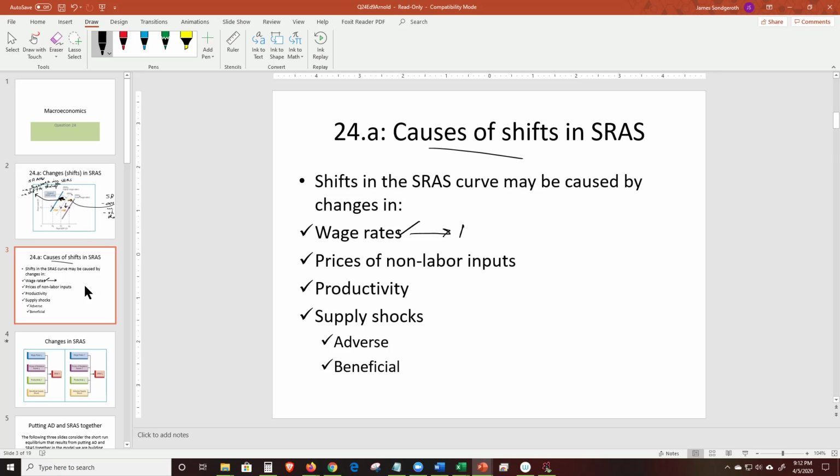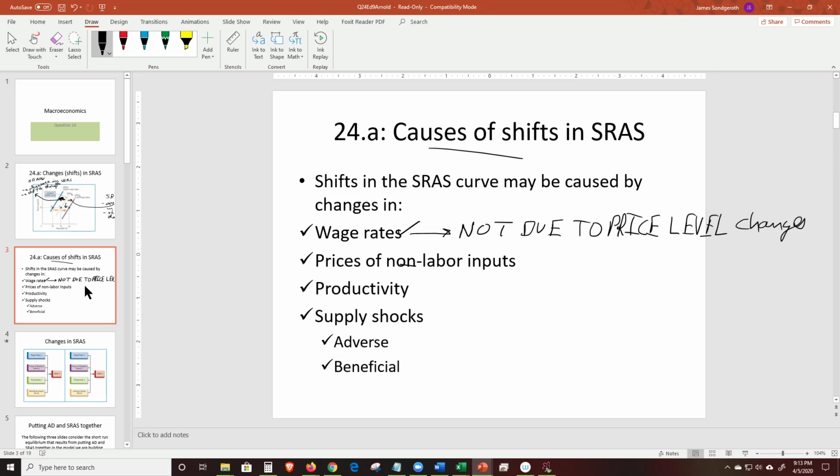This is not due to price level changes. So these are changes in wage rates that are not due to price level changes. They have maybe a basis in reality or labor unions or something.